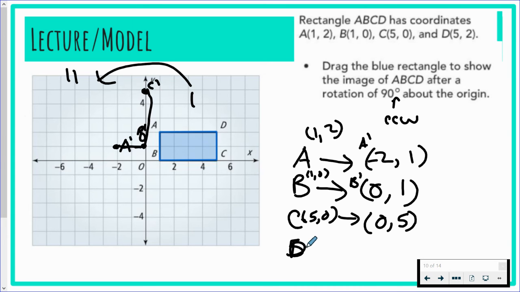And then last but not least, D, which is 5, 2. We're going to flip that and rotate the numbers to say 2, 5. And then in quadrant 2, which is where we're rotating to, the x is negative and the y is positive. So this is going to be negative 2, 5. And that's D prime. So that is my rotation, 90 degrees around the origin.